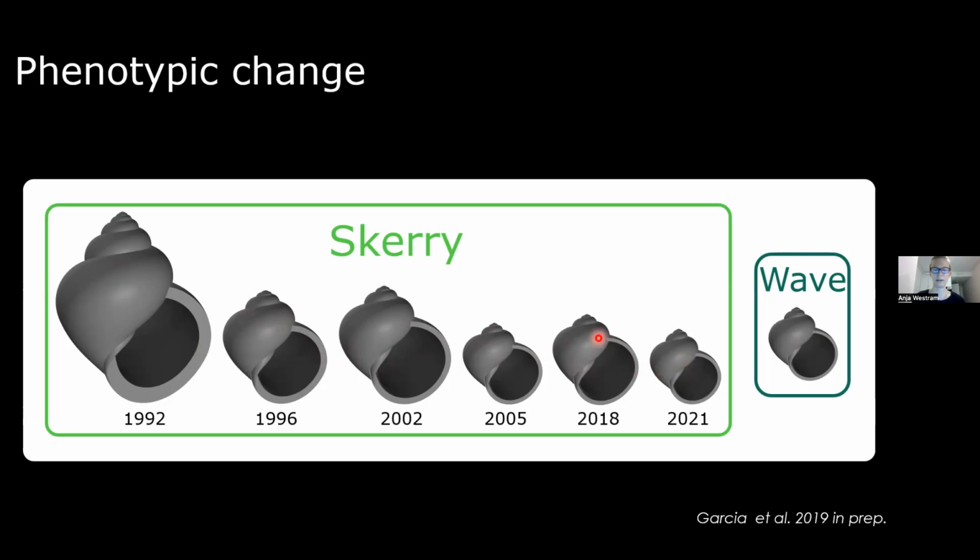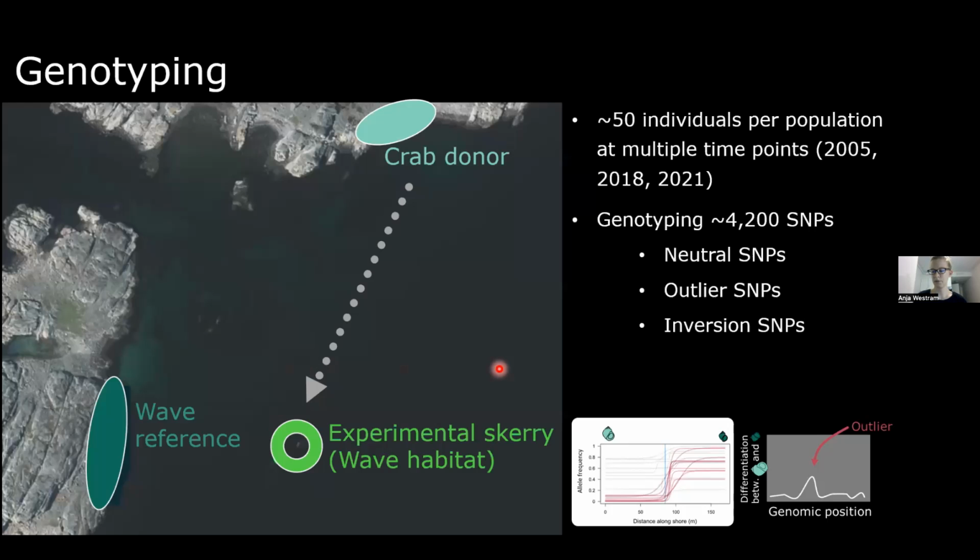You can really see a very substantial phenotypic change towards the wave ecotype. And you can also see that the change is almost done already by the year 2005. So after about 13 years, the population has more or less evolved into the wave ecotype.